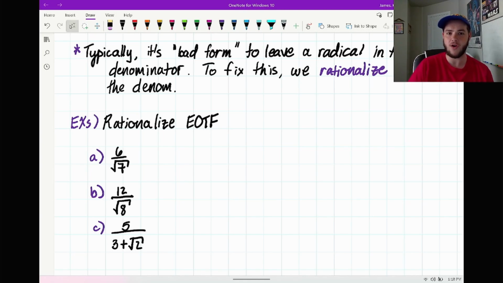For the case of problems A and B listed here, it's actually pretty straightforward. I've got a root 7 in the bottom. I would like to clear that square root. But go ahead and pause the video now to see if you can remember from part 1, what is the square root the inverse operation to?